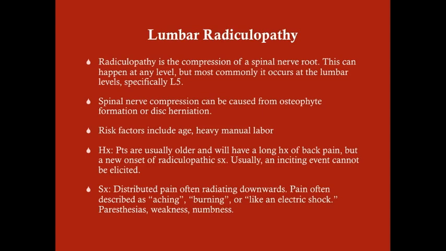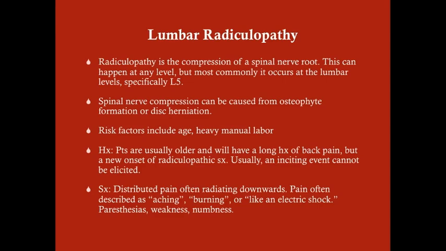So what do we see as far as history in these patients? These are usually older patients with a history of chronic back pain, just like what we saw in the facet arthropathy. But with these patients, they have radiculopathic symptoms. And radiculopathic symptoms vary based on, of course, what nerve is being impinged.